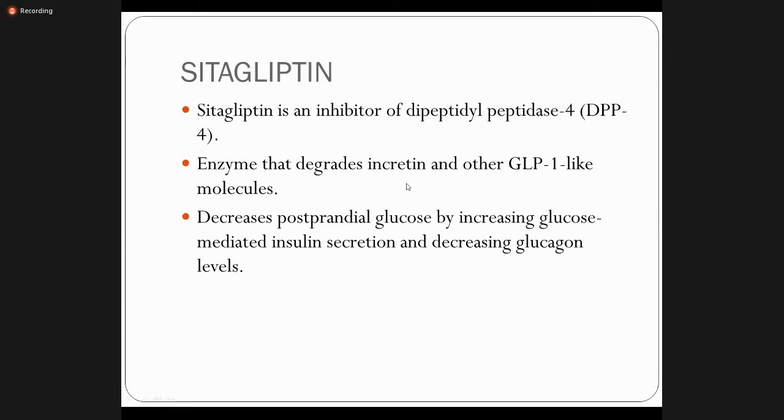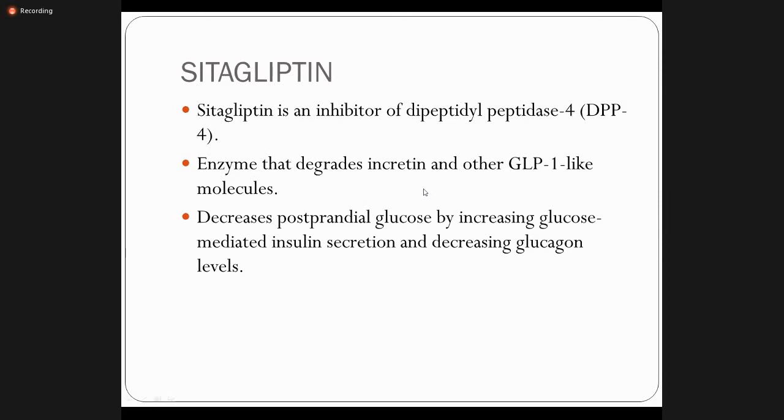That already we have discussed. This incretin is responsible to stimulate 60 to 70% of the insulin in response to food. So that is why we are going to avoid its breakdown, because incretin and other glucagon-like peptides are degraded by an enzyme which is called dipeptidyl peptidase 4. So why are we interested to inhibit its degradation?